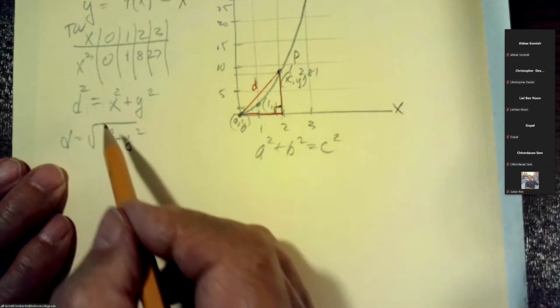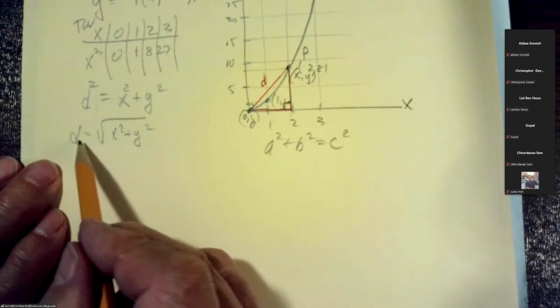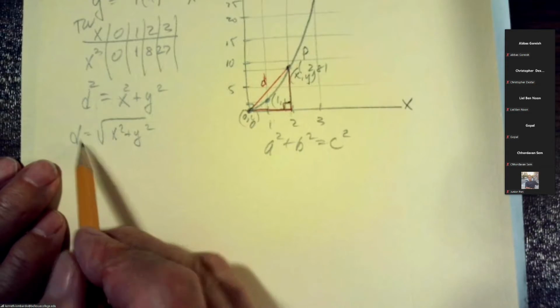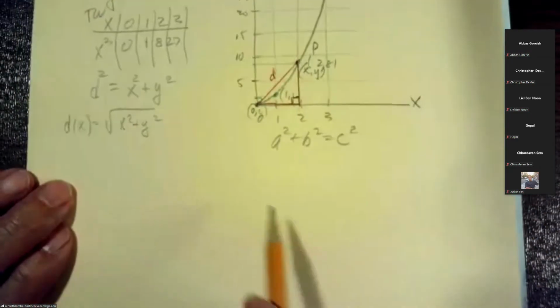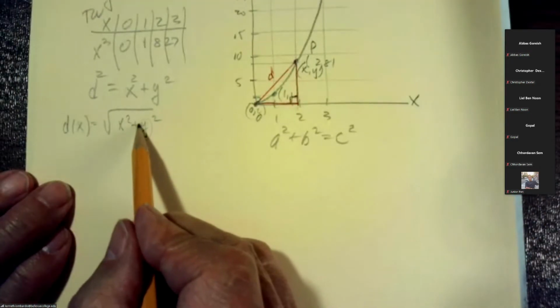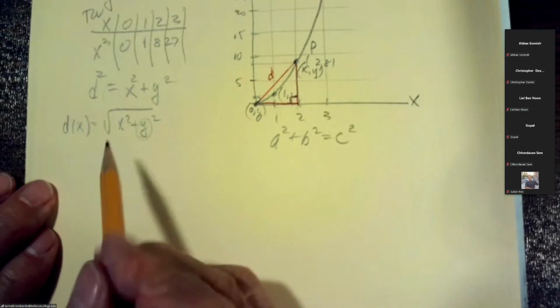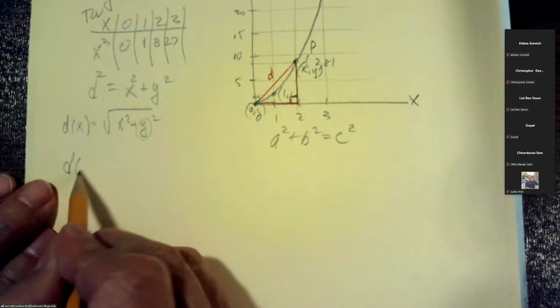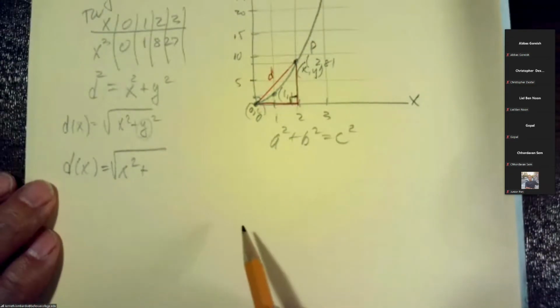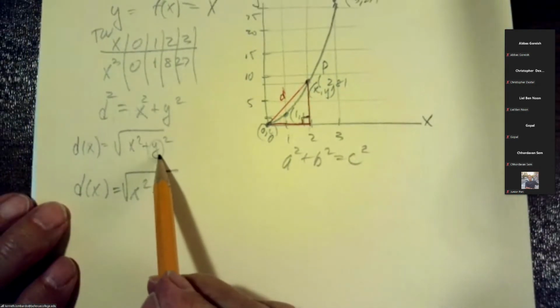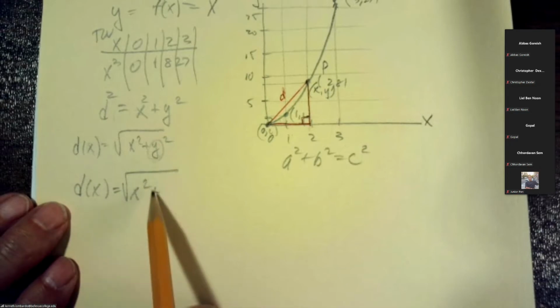But if I want to express it only as a function of x, as I indicated earlier, so let's say I want d as a function of x only, then I need to convert this to an x value. Do I have enough information to do that? Is there some way I can convert this value here to x?